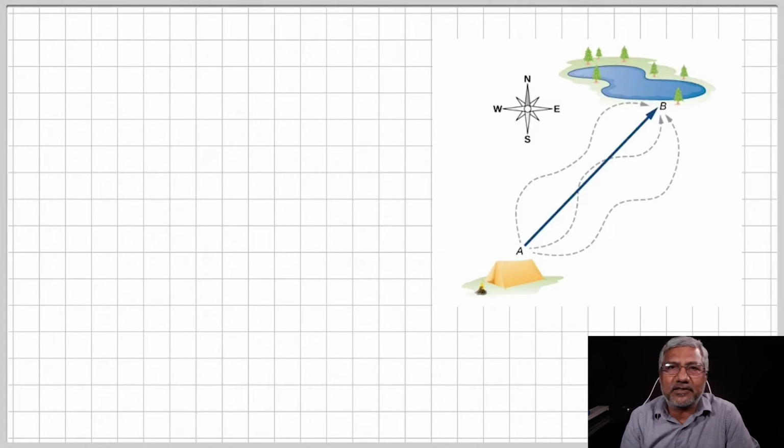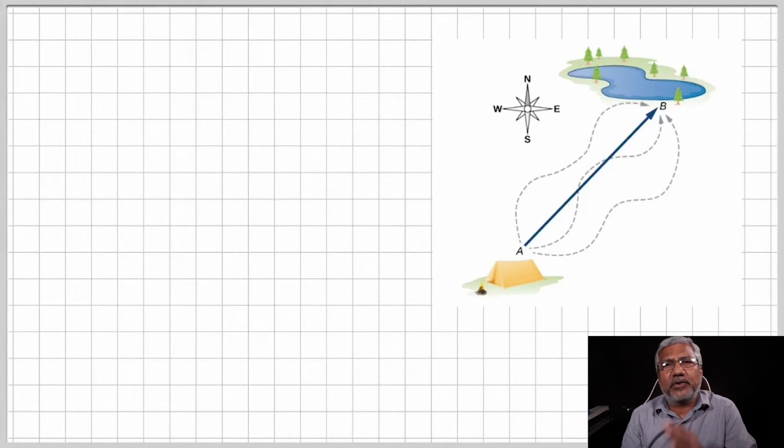And do you know what that is called? That's called the displacement. So you have distance and displacement. And all the time, displacement is going to be shorter than or equal to the distance between the 2 points.